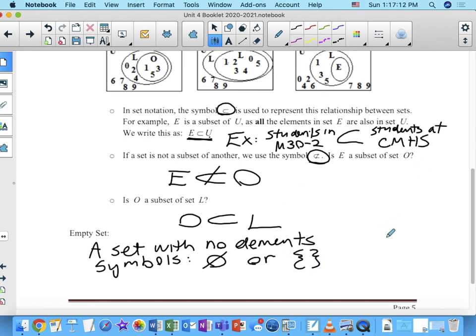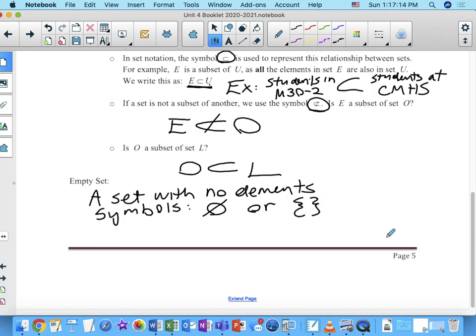Now, example of an empty set. In this particular example, we have to list just anything that wouldn't be in the universal set. So for example, let's say I defined a new set. T is multiples of 10. Okay.